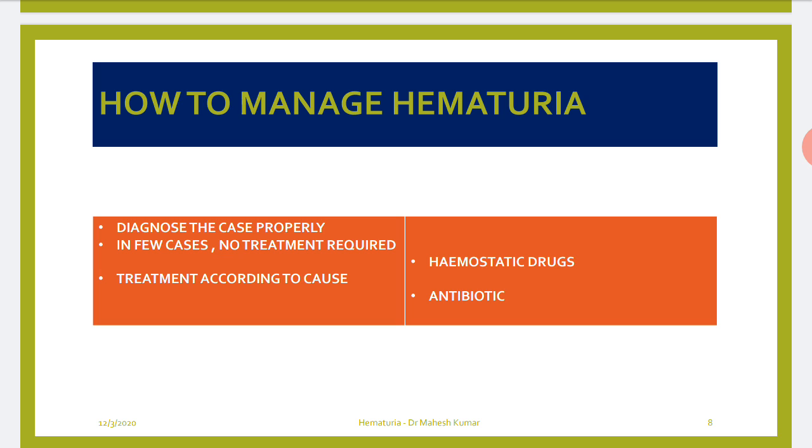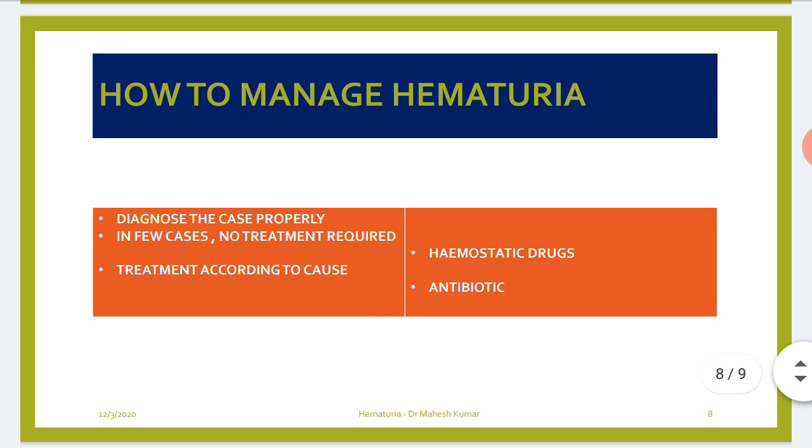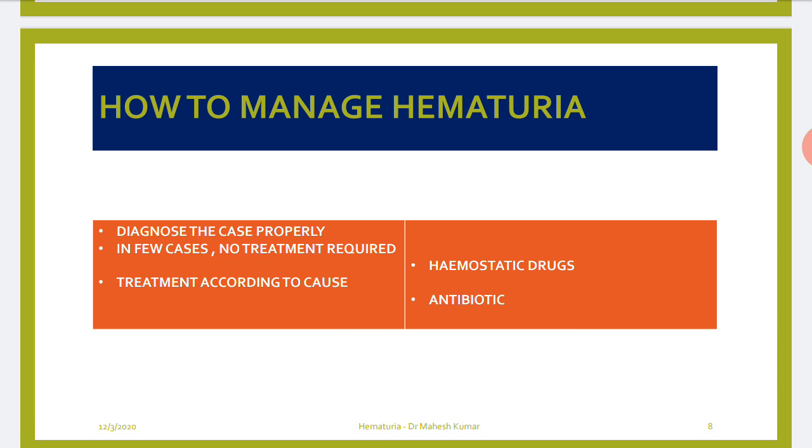The treatment depends on the cause and seriousness of the disease, on what type of pathological condition exists, like carcinoma, tuberculosis, renal stone, papillomatous conditions, infective conditions, cystitis, urethritis, UTI, or any more. So first of all, diagnose the amount of urine passed, painful or non-painful conditions, the etiological factors, and the prognosis of the disease.